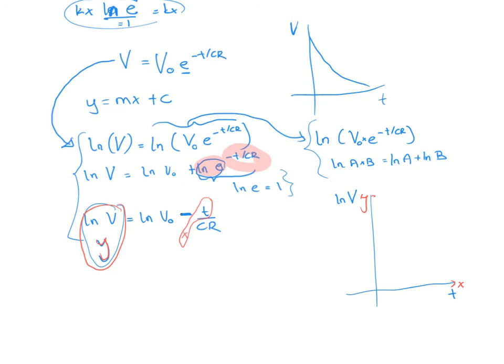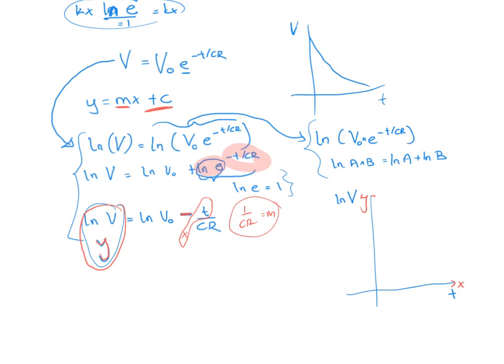That means whatever's next to x, so since y is equal to mx plus c, then that means my 1 over CR is equal to my m, my gradient. And that leaves us with the plus c, and before I continue actually, the negative sign shows also that the gradient will be decreasing.